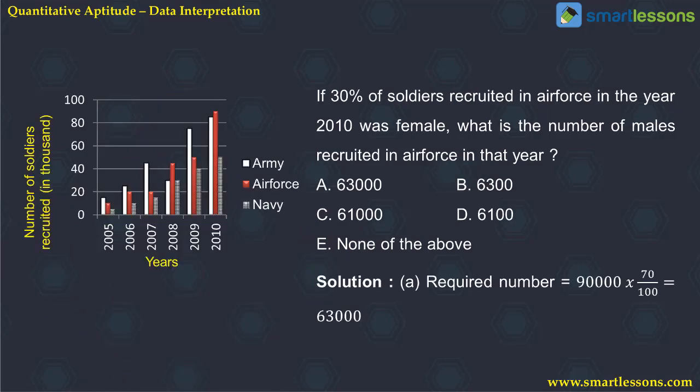So in the year 2010 in Air Force, the number of recruited soldiers was 90,000. So 70% of 90,000 is 90,000 into 70 by 100, that is 63,000. So it means 63,000 male soldiers were recruited in Air Force in the year 2010. So which option is correct? Option A is the correct one.